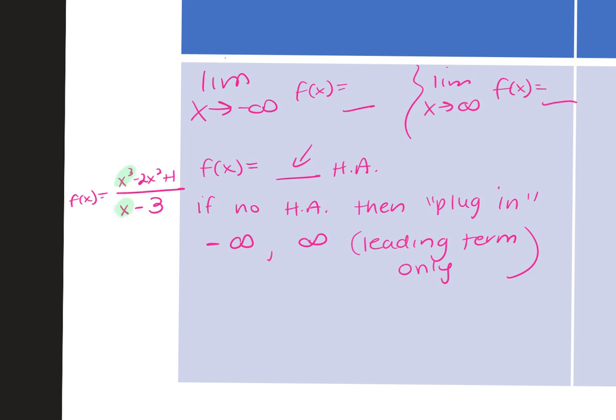I ignore everything else, so I would do x to the third over x. I simplify, so I end up with just x squared. So in that scenario, if I plug in negative infinity, what happens? It goes to positive infinity, right, because you square it, which means the end behavior on the left is going to positive infinity. And then if I plug in positive infinity to find out the right-hand behavior, it squares, it stays positive infinity, so they would both point up.